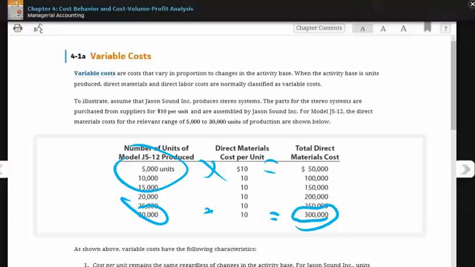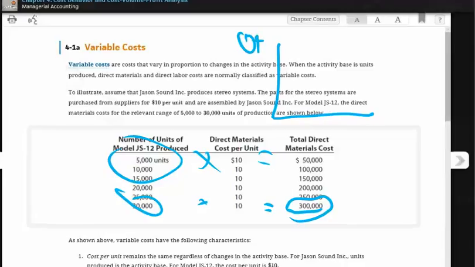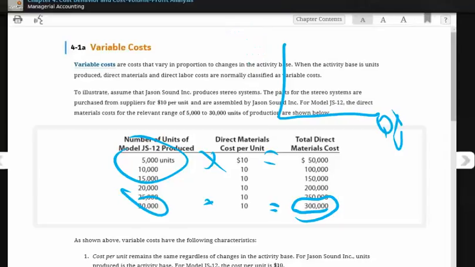increase continuously. So if I do a graph, as our quantity increases, I'm going to put quantity over here, our dollars are going to increase. So it's going to look something like this.